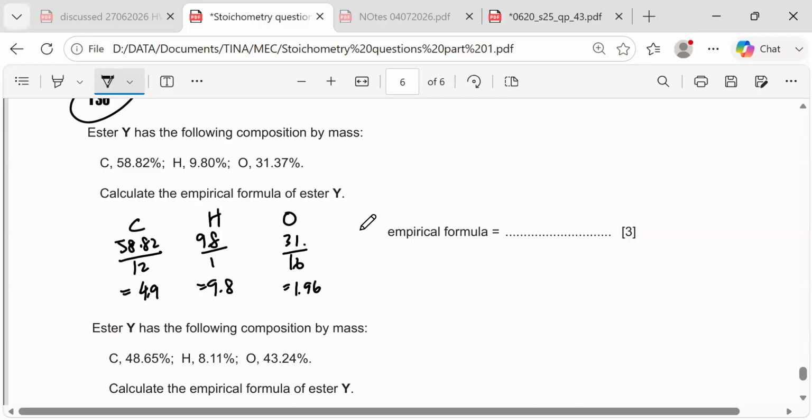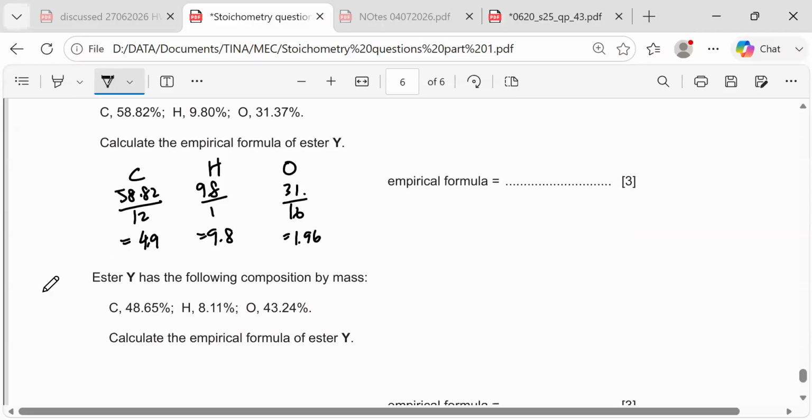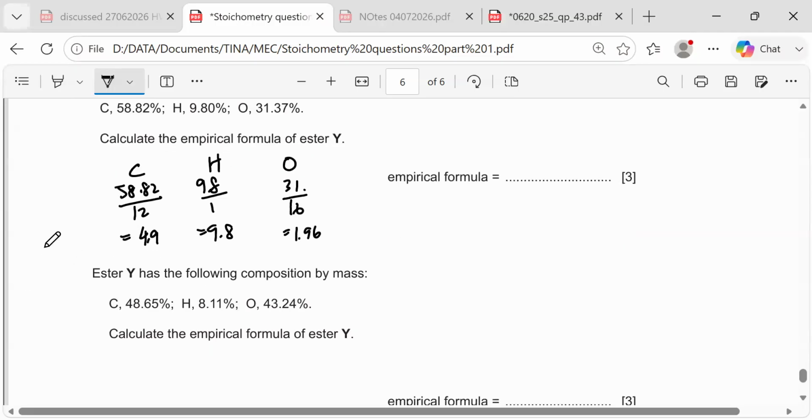After you got this, what do you do? Divide everybody with 1.96, right? 4.9 divided by 1.96 equals 2.5. You get 2.5, then 5 and 1.